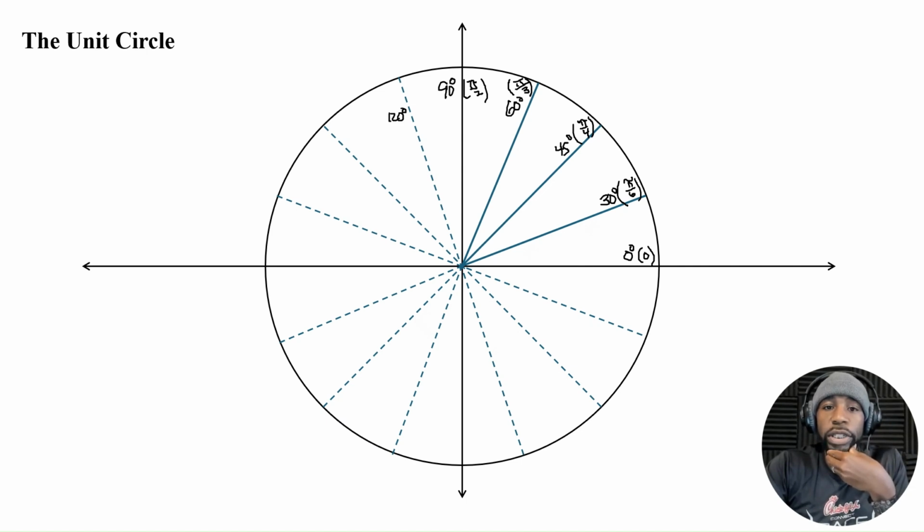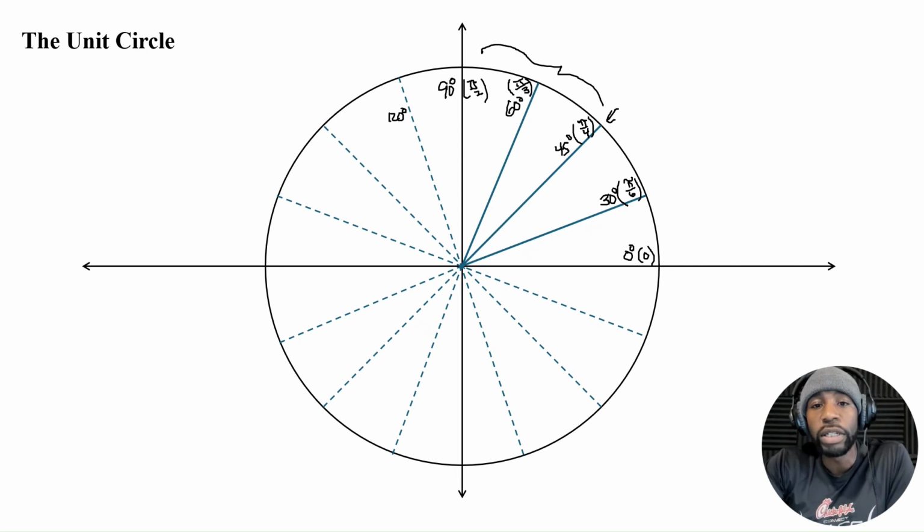And I want you to notice something as we keep going around here. Aside from the 45-degree angle, we've gone up 30 degrees each time. But just notice this: 45 degrees is 45 degrees from 90 and from 0.